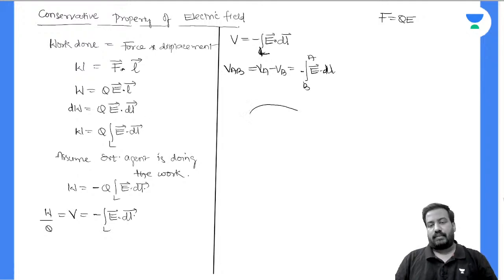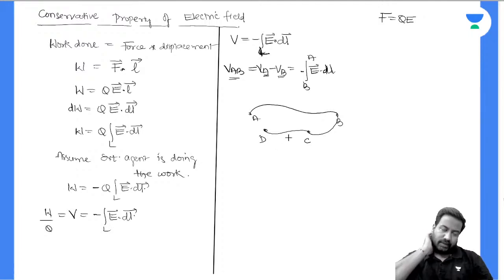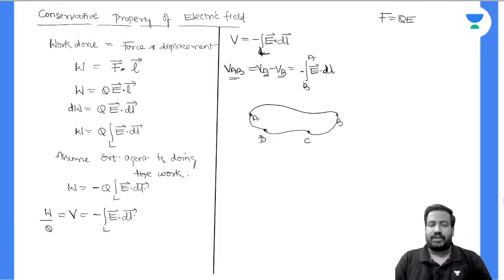This means the potential difference between these two points VAB is equal to VA minus VB. If we extend it up to C, VAC is equal to VA minus VC. If we extend this up to D, VAD is VA minus VD. If you extend it further and close it, VA minus VA is 0.